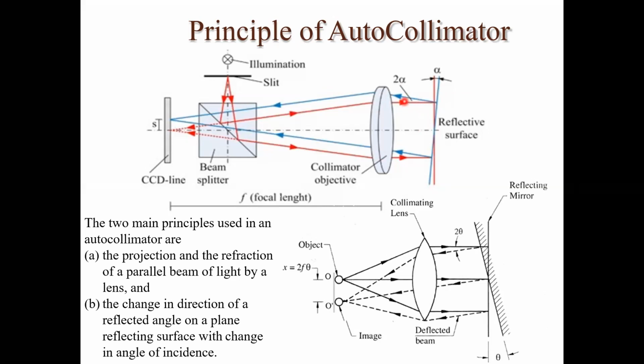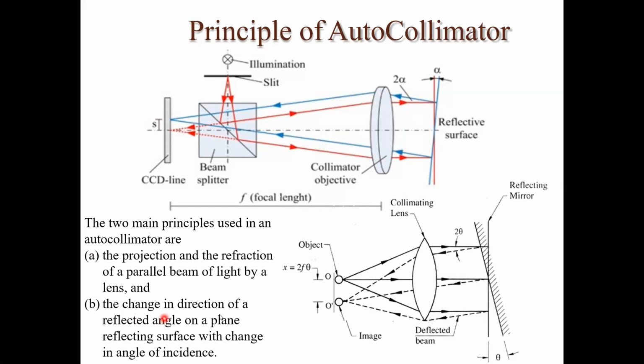After reflection through angle 2 alpha, these blue rays are focused and allowed to reach the focal, that is the visible area of the microscope.